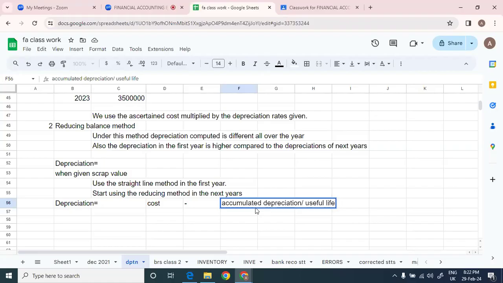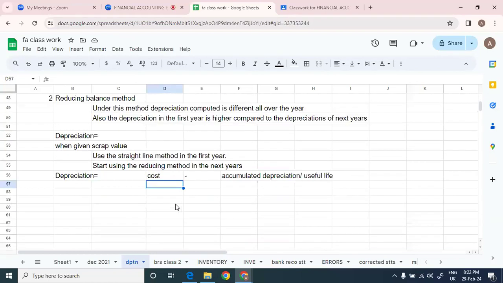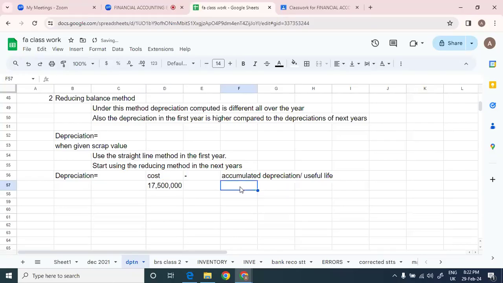Yes. Okay. Look here. The cost in the first year, we got 17,500,000. My accumulated depreciation, I've told you, is the total depreciation. So our total depreciation at this moment is 4,250,000. We are going to divide it by how many years are remaining? 3 years.